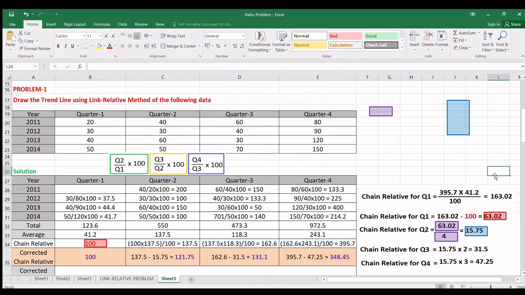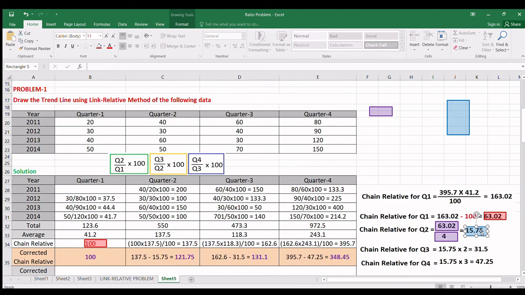Based upon the assumption I got the value 395, the final value for the chain relative. Now I want to make the correction based upon the actual value of 100. So the actual value, instead of 100, is 63.02. This 63.02 I have for the entire year, divided by 4 gives the value for a single quarter. 63 is less than 100.